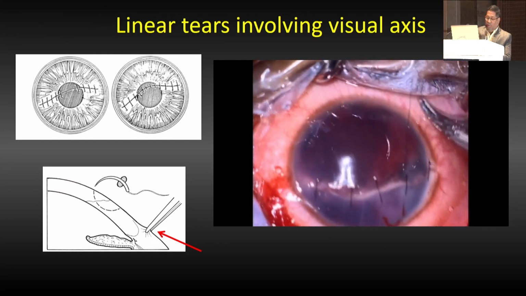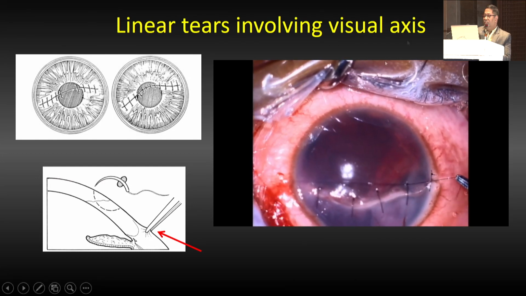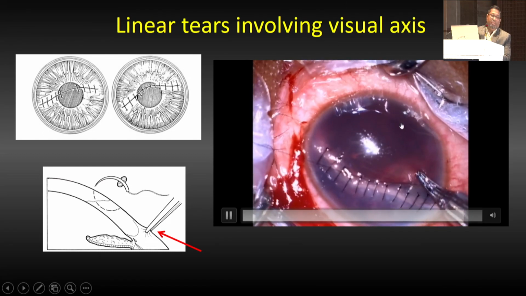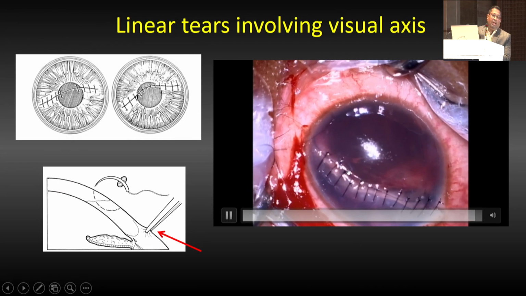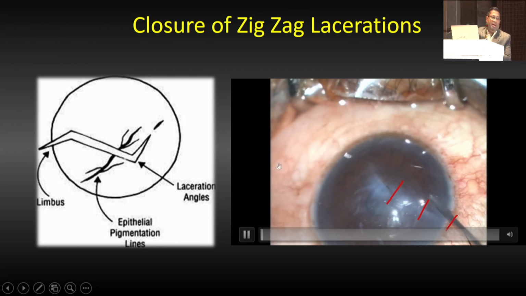Ideally speaking, suturing should start at the limbus and then at the angles. I'll show you the principle of suturing next. This is the principle of suturing. So these are the anatomical landmarks actually.